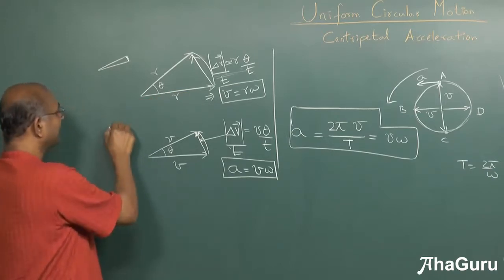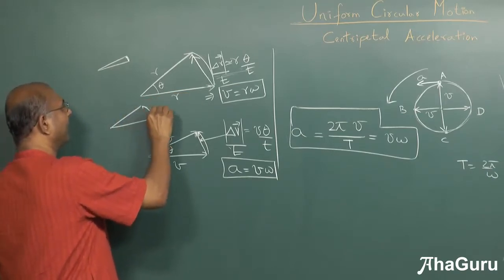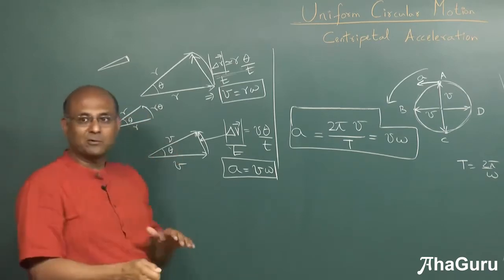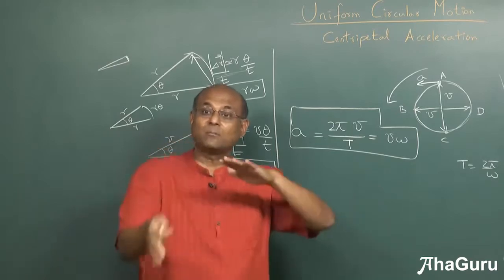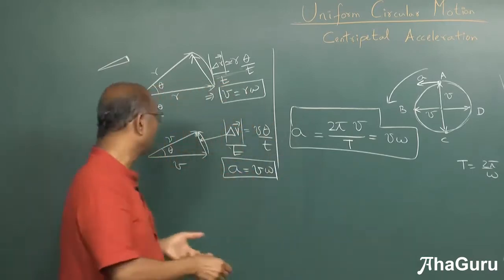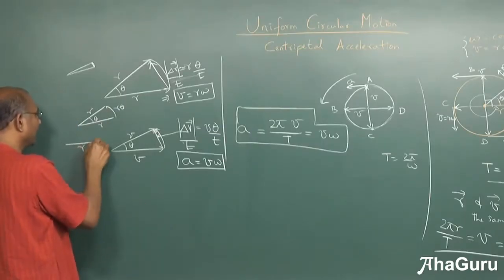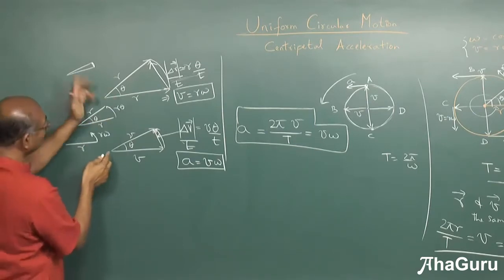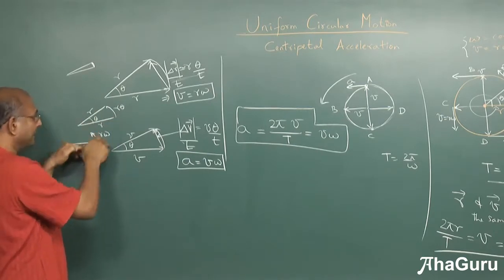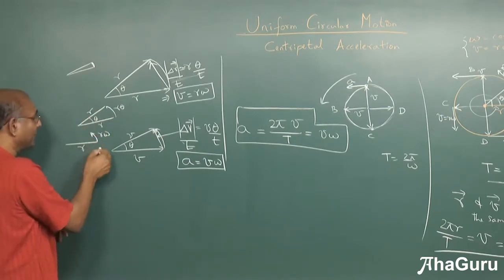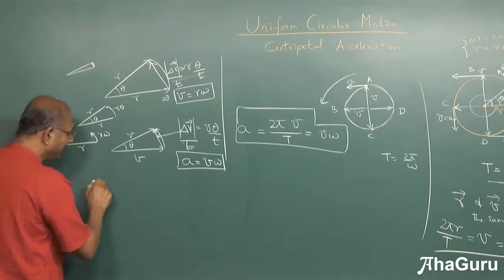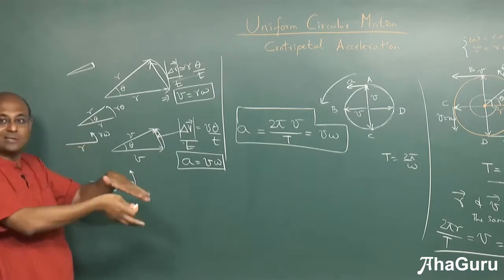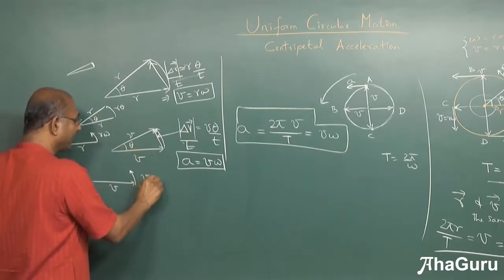Like you have r theta, like you can talk of r theta, right? If this is theta and this is r, you can also talk about the fact that the rate at which you are moving is r omega. So whenever somebody is moving like this, the rate at which you are moving is r omega. How much you have moved is r theta, by time is r omega, right? So this is the rate of movement. If I had a velocity vector and it was moving like this, the rate of the velocity vector's movement is v omega.